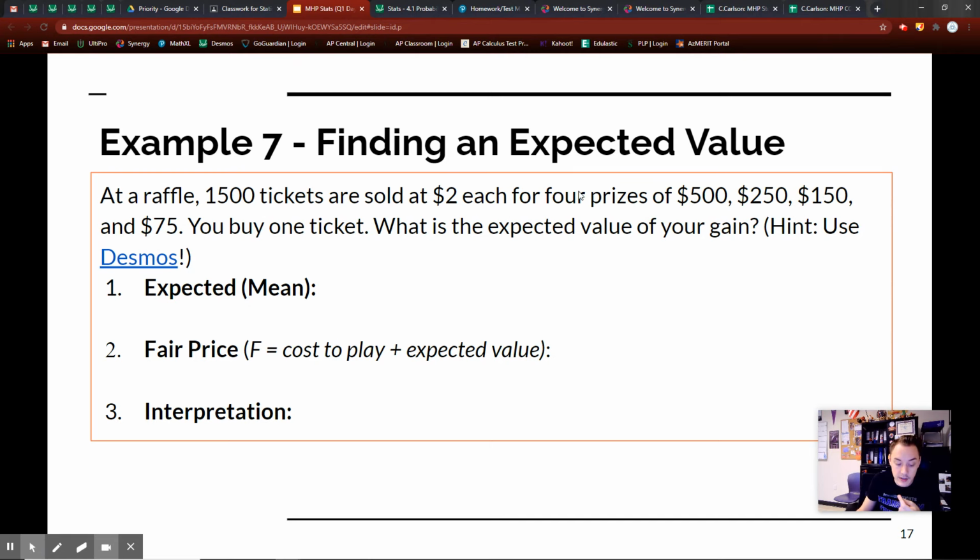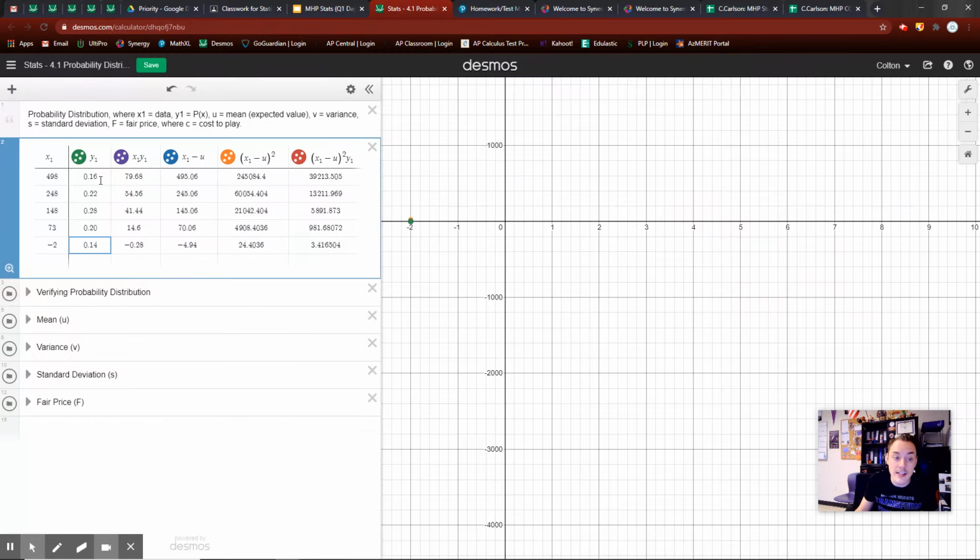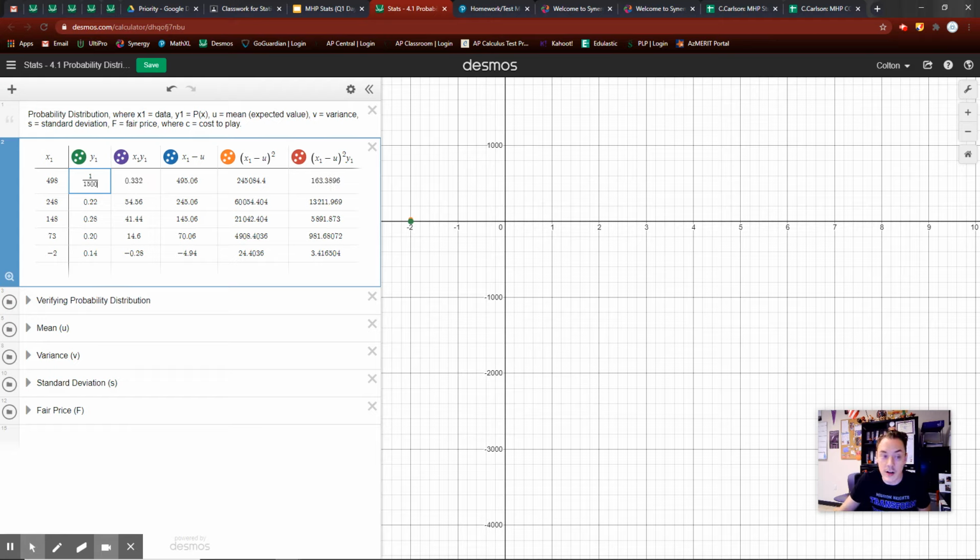That means there's one ticket that gives me this amount of money, one ticket that gives me the second prize, one ticket that gives me the third prize, one ticket that gives me the fourth prize. So how many winning tickets are there? There's one winning ticket out of 1,500.